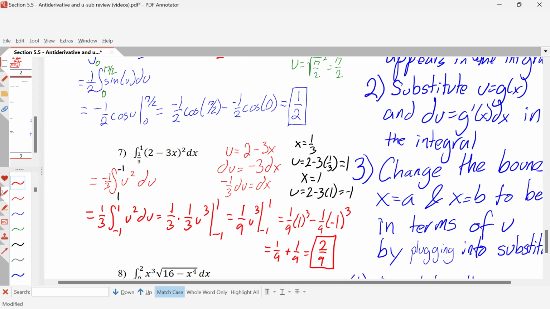And with this problem, we're able to use U-substitution to create bounds without fractions, making the evaluation at the end a little bit easier.